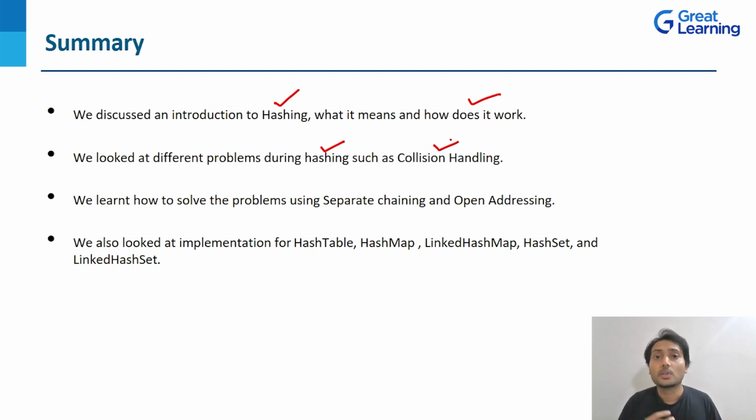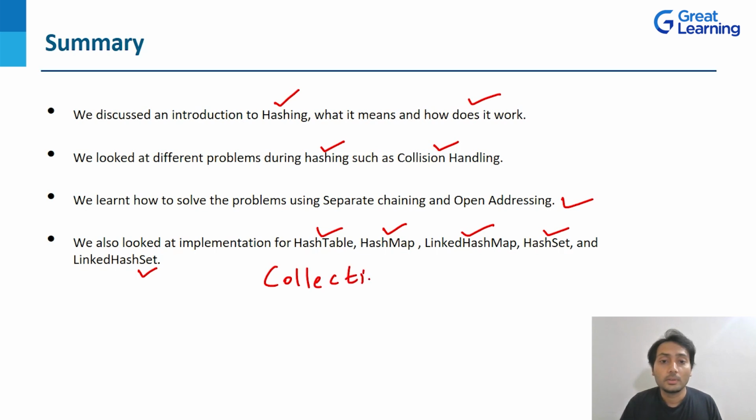We saw two techniques here: open addressing and separate chaining. Then we also saw how to implement hash table, hash map, linked hash map, hash set, and linked hash set. So hashing is a very important technique, especially when you're using the collections in Java.